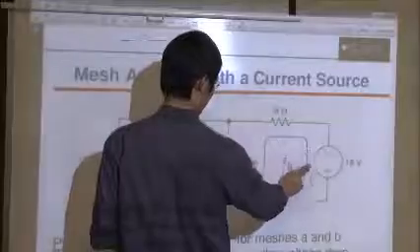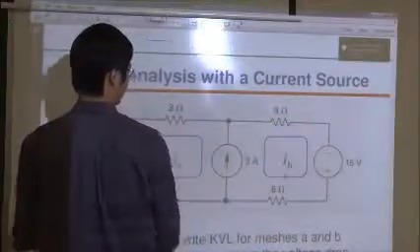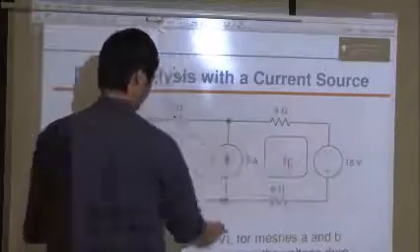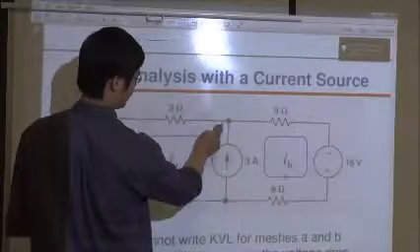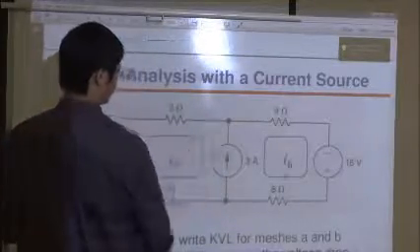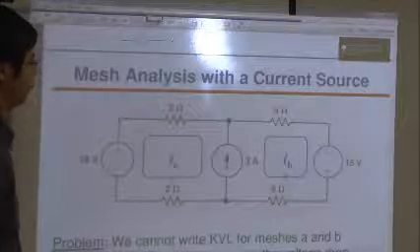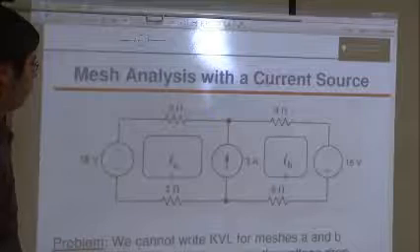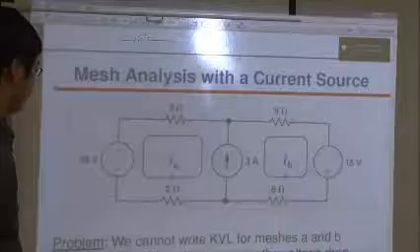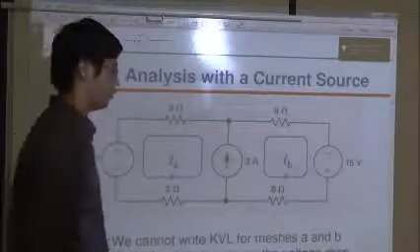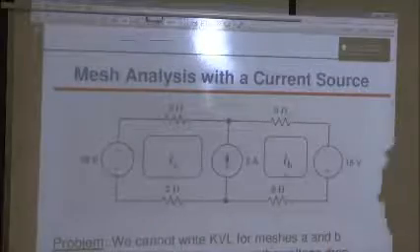Also, there's no meaning to write a KVL of this loop because you don't know the voltage of this one, even if you know the current. But you can write a KVL for the whole loop, and you can write a current equation between these two. That's how you are going to solve this equation.